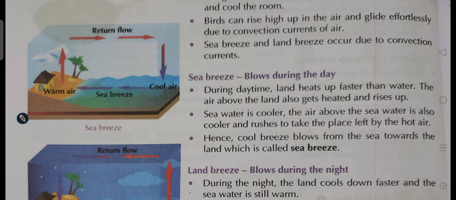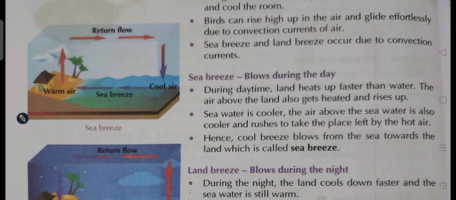During daytime, land heats up faster than water. The air above the land also gets heated and rises up, and sea water is cooler, and the air above the sea water is also cooler and rushes to take the place left by the hot air, and hence a cool breeze blows from the sea towards the land, which is called the sea breeze.